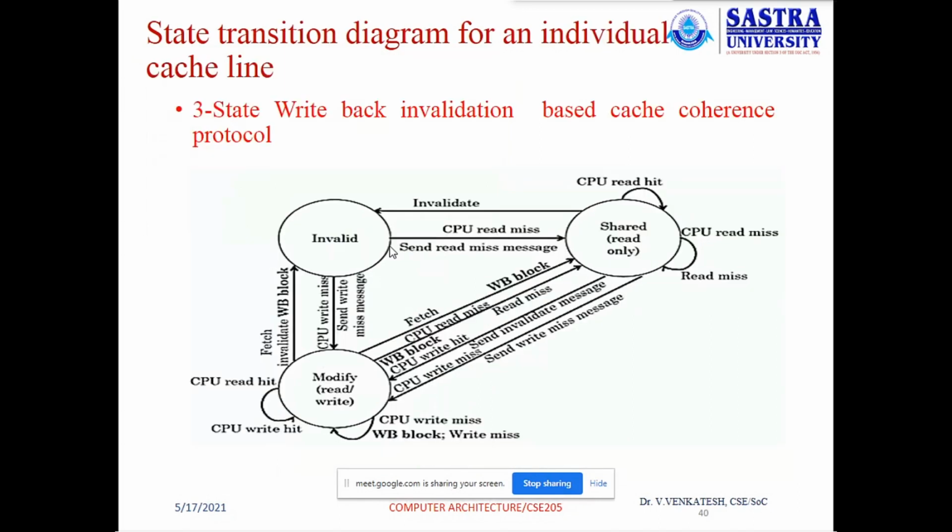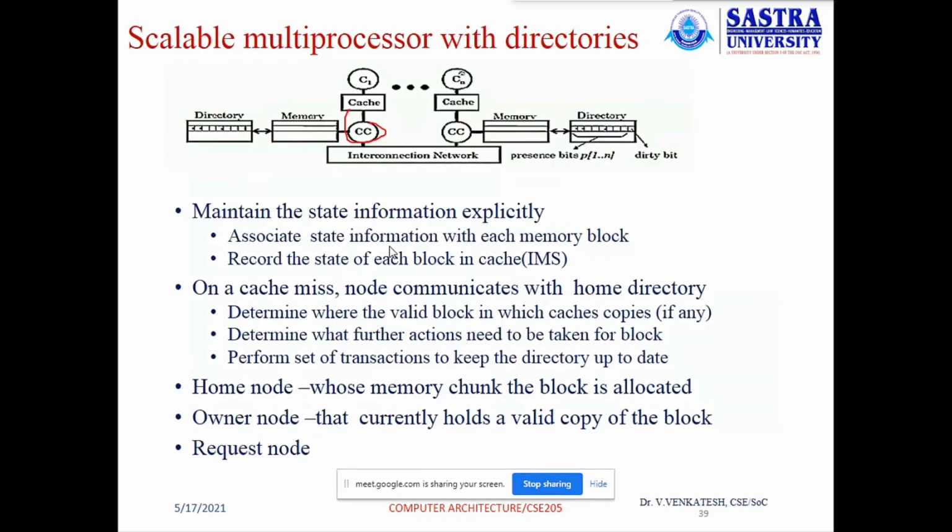You see the previous diagram. This is going to be called the private cache. This is going to be called the local memory. Whenever we say it is uncached, it means from C1 to Cn, whatever cache is available, none of these caches have that information.